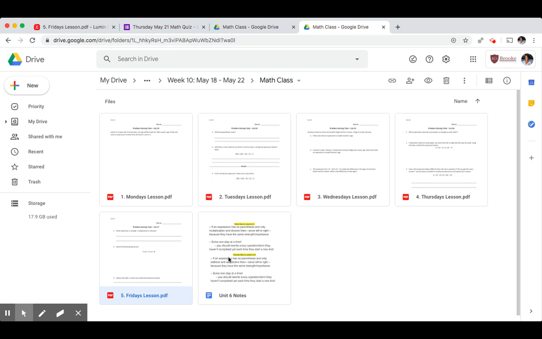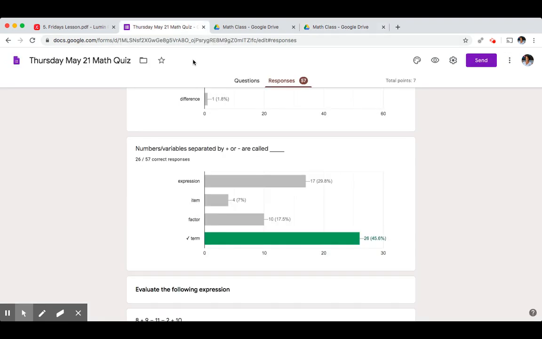On that document, you could have scrolled down looking for the definition for these answer choices, and you would have seen that terms are separated by addition or subtraction signs. So when you're doing your exit tickets, make sure that if you're not sure about something or you're confused, you use your notes to help you.